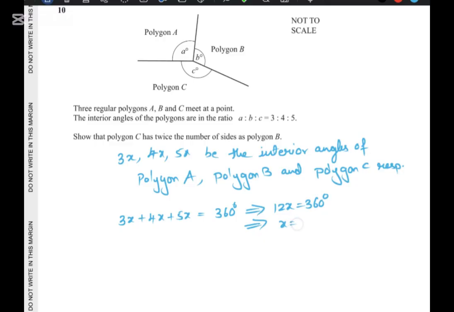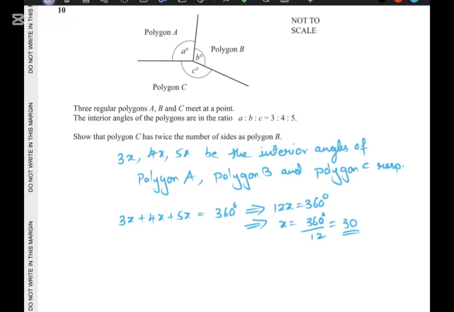So x will be 360 divided by 12, which is 30. So x is 30. Now they have asked about polygon C and B.